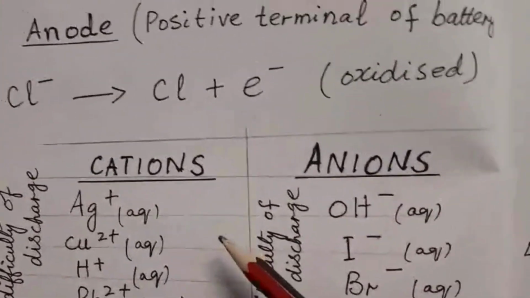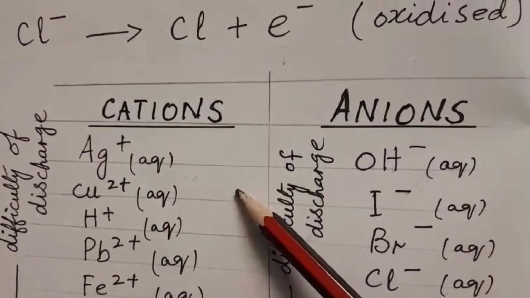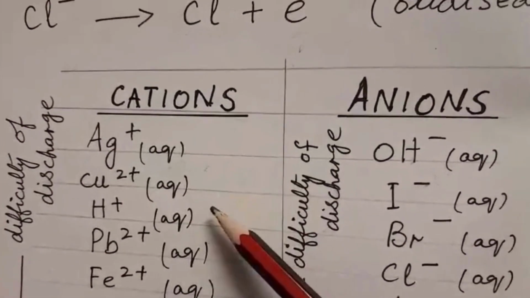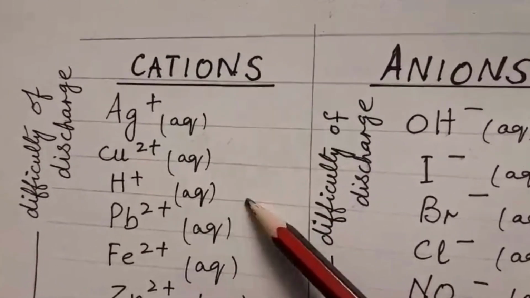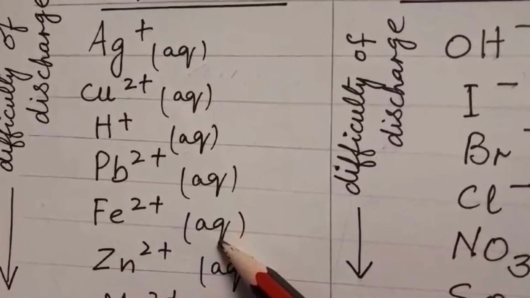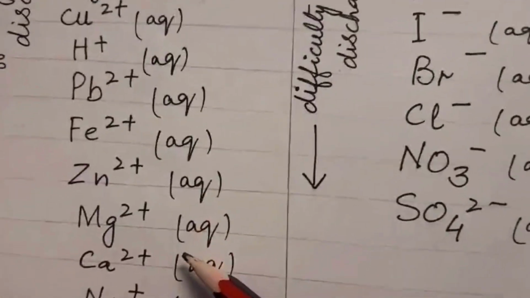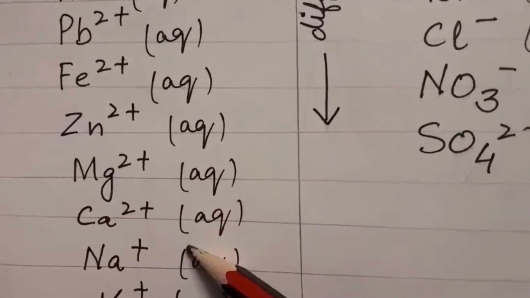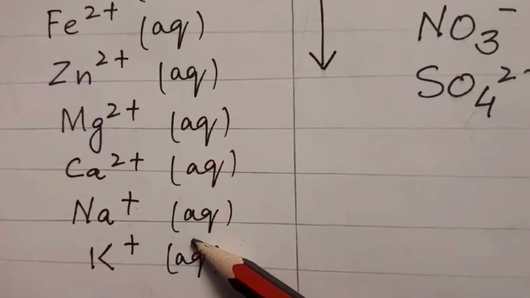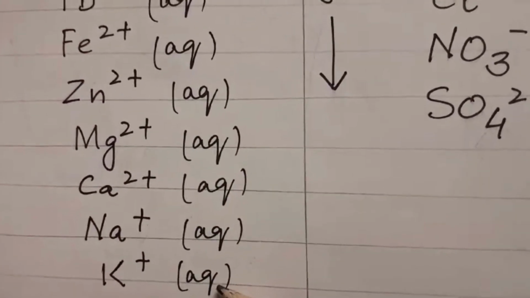So we have this list of cations: Ag+, which is the easiest to get discharged, then Cu2+, then H+, then lead ion Pb2+, then iron Fe2+, then zinc Zn2+, then magnesium Mg2+, then calcium Ca2+, then sodium Na+, and then potassium K+. So potassium is the most difficult to get discharged.